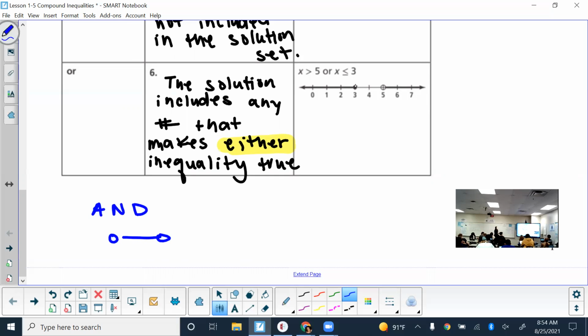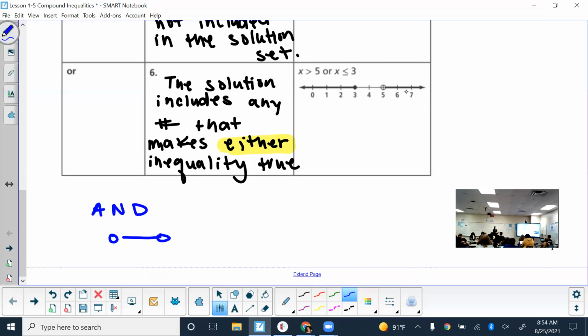The ors will always point in opposite directions. I say that they look like paddles, like from a boat. Those are also called oars, right? So that's how you can memorize it. These look like paddles. These are my or statements.